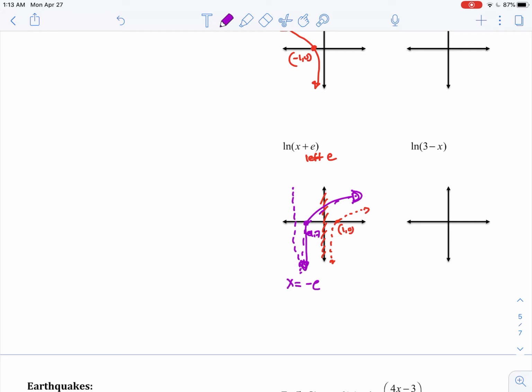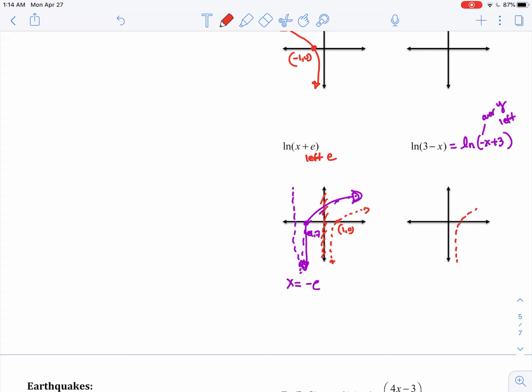And if we are looking at the next one, the natural log of 3 minus x, or if you prefer, the natural log of negative x plus 3, we know that the negative is telling us to flip over the y, and the plus 3 is telling us to go left. And we know that we want to translate first before we flip over the y.